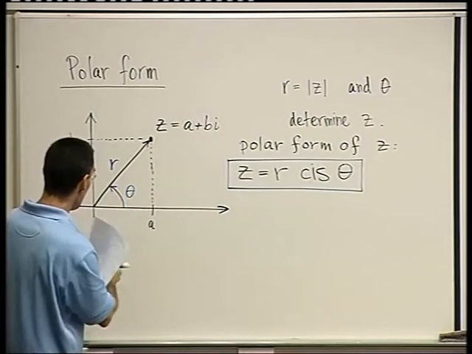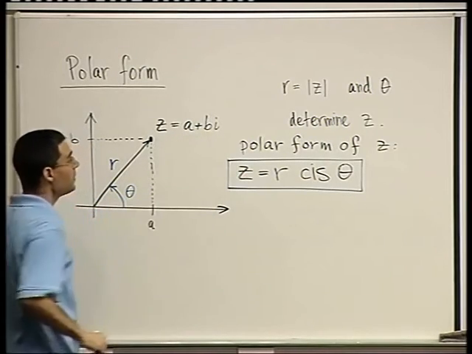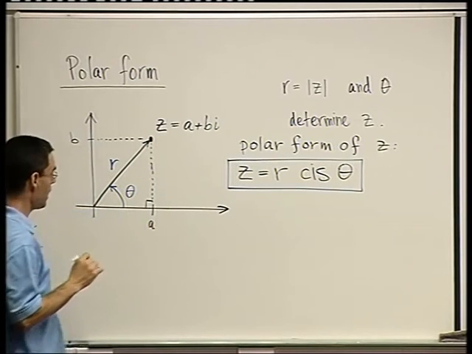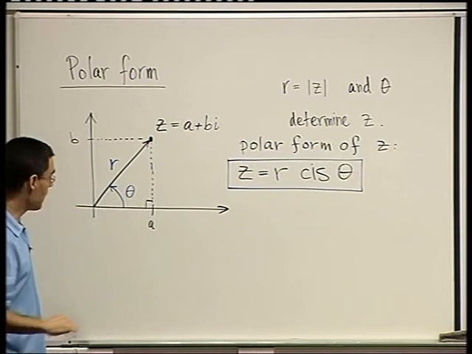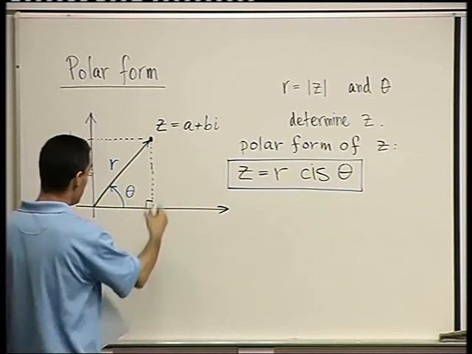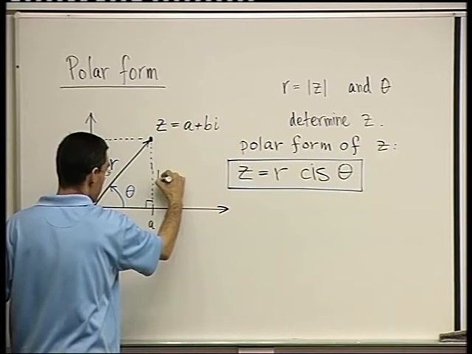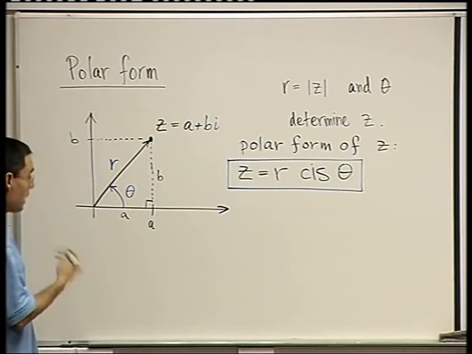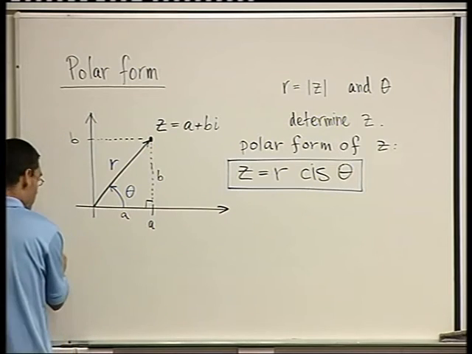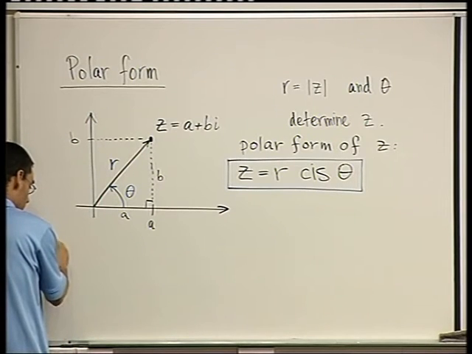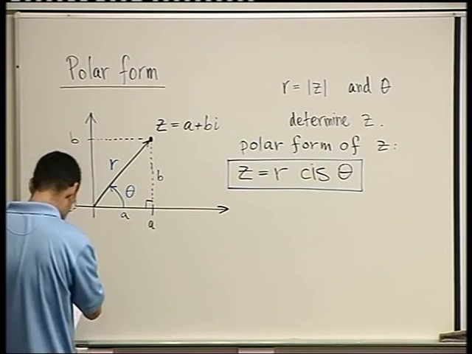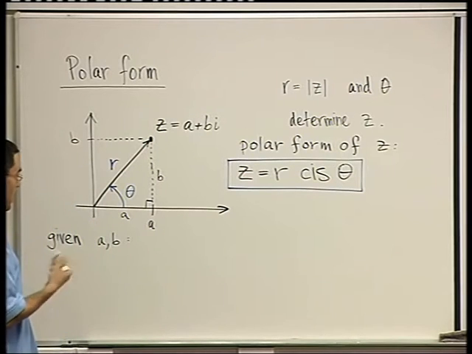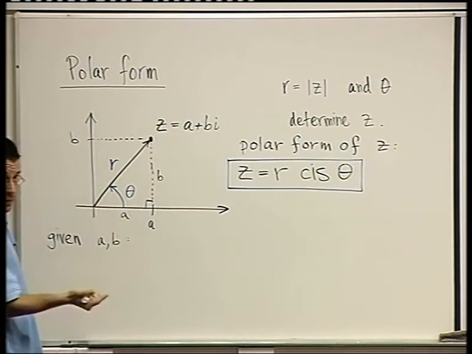So how do r and theta relate to a and b? If you think for a moment, and you know a bit of trig, of course, then this is a right triangle. And we know that in this triangle, this edge is precisely of length b, and this edge is precisely of length a. So given a and b, how do we find r and theta? r is the hypotenuse of this triangle.